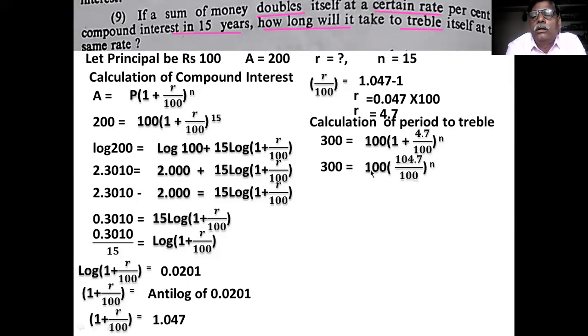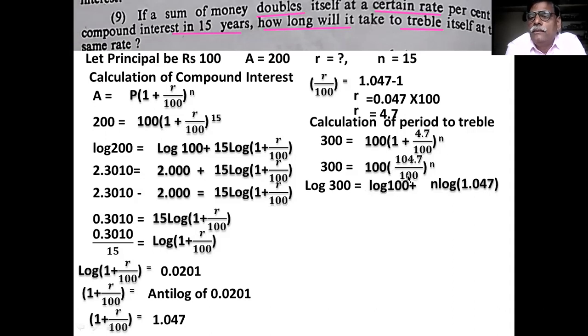If you apply the log, log 300 is equal to log 100 plus n log 1.047. I divided this and cancelled one step; you can make it another step here.